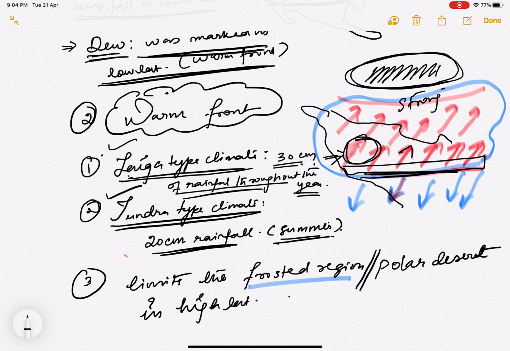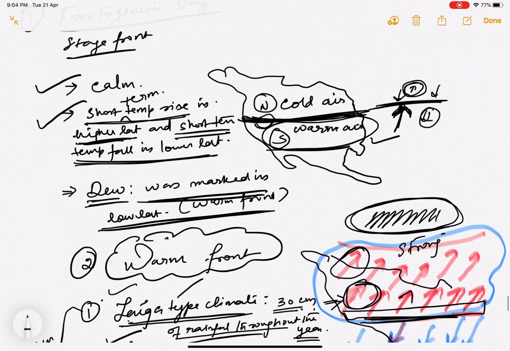Else, it would have resulted in the complete freezing of the higher latitude area or the temperate region. Rarely would there be the existence of a temperate region. This taiga and the tundra themselves are nothing but your buffer. What is your buffer, or a middle zone, that is formed by what? By this warm front climate itself. I hope this got clear.